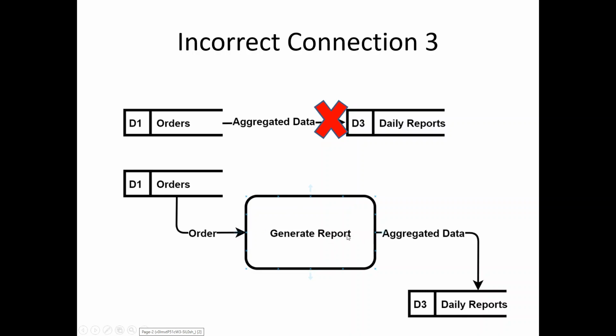This process would retrieve information from this orders data store and then produce aggregated information. That is, it may calculate total revenue and total cost and then generate a daily report. And the new daily report would be added to the daily reports data store.